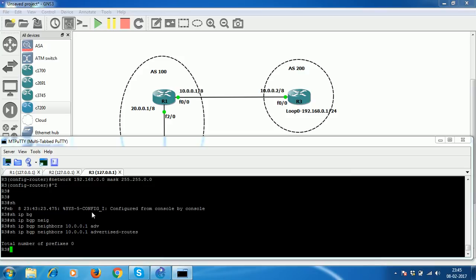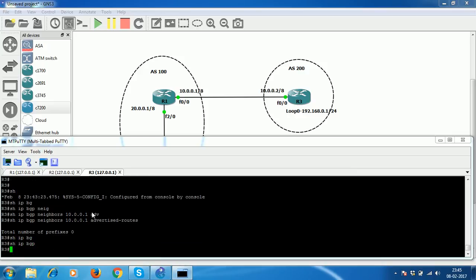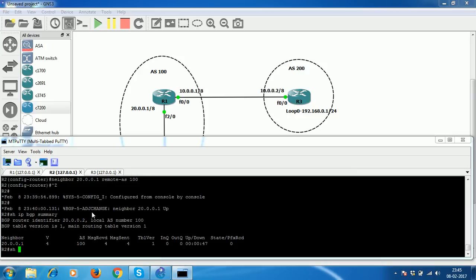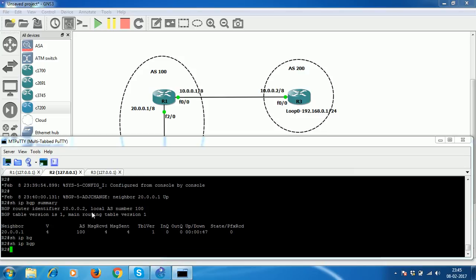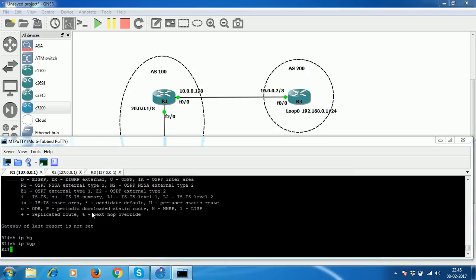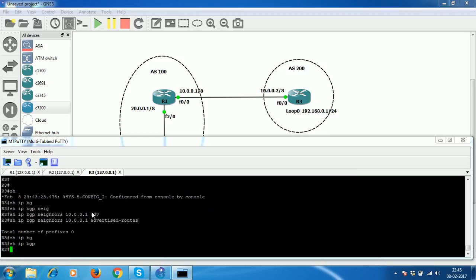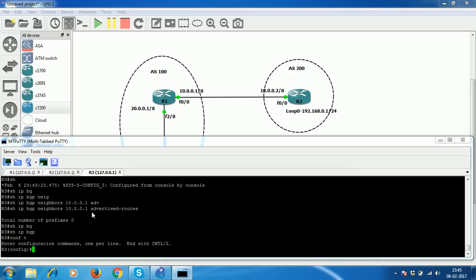Even if you go and see the BGP table, nothing is there. Let's go and advertise properly. From R3, instead of /16, I'm going to advertise this as /24.